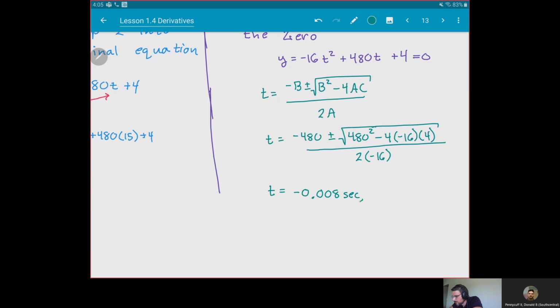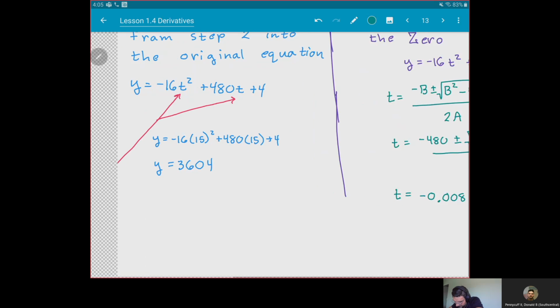And the second is 30.008 seconds. So that is when it's going to hit the ground.